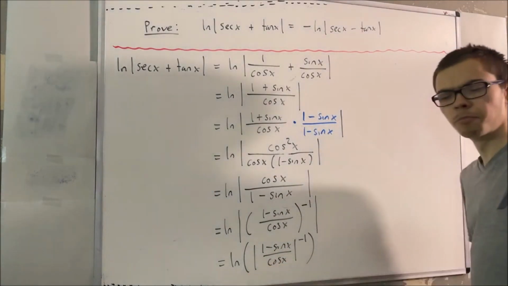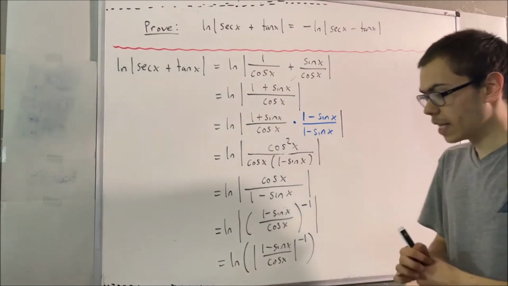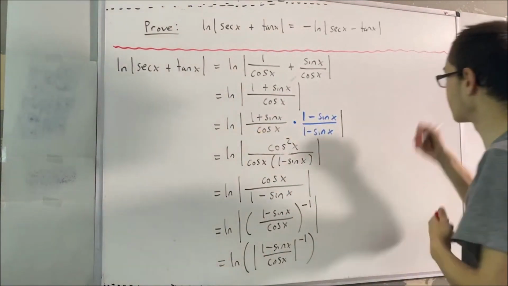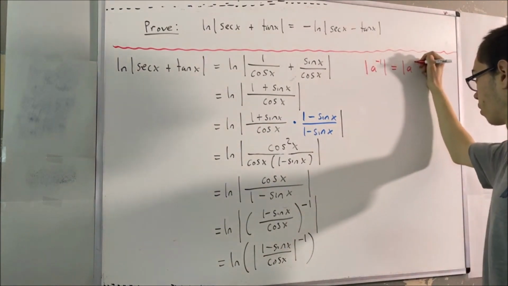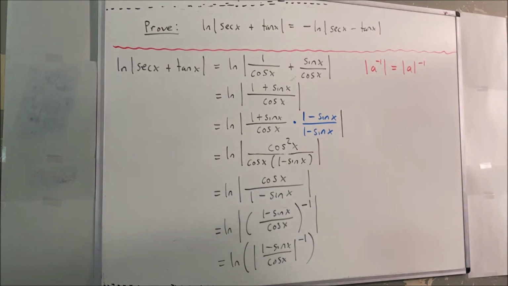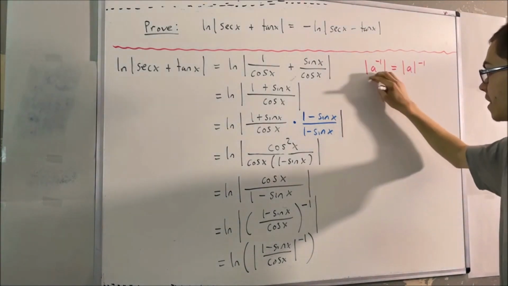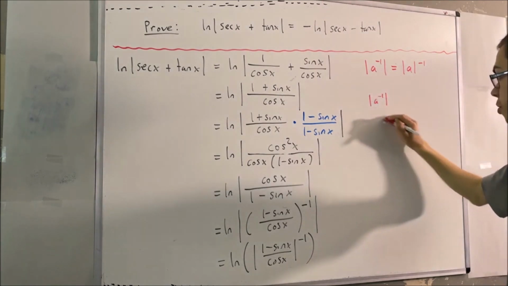But why? Why are we allowed to say that this is true? Well, essentially what I'm claiming is this is true for all a not equal to 0. But is it true? Yes, because I can take this and I can deduce this.